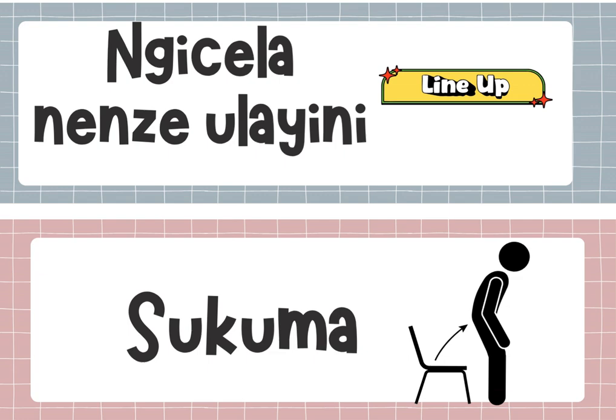Please make a line. And then the next one, the teacher can just say sukuma. Sukuma just means stand up to one person. Because if I want to say stand up to more than one, I will say sukumani. Sukumani, that's stand up to more than one. Okay, next one.